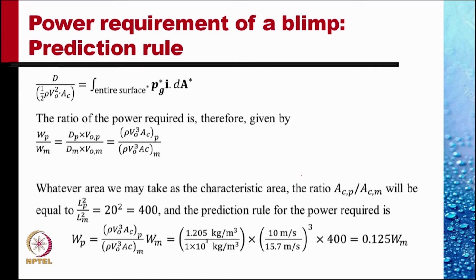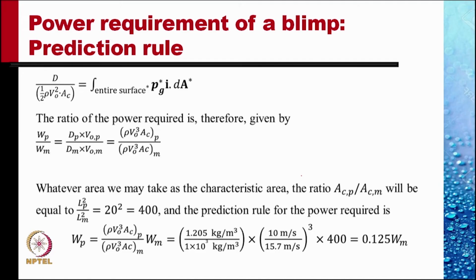Whatever area we may take as the characteristic area, the ratio ACP divided by ACM will be equal to LP square by LM square. The characteristic length of the prototype square divided by characteristic length of the model square, which is given as 20 square. The length scale factor is 20. So this area ratio is 400.